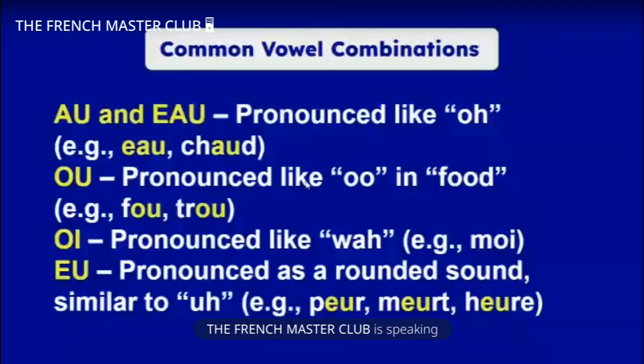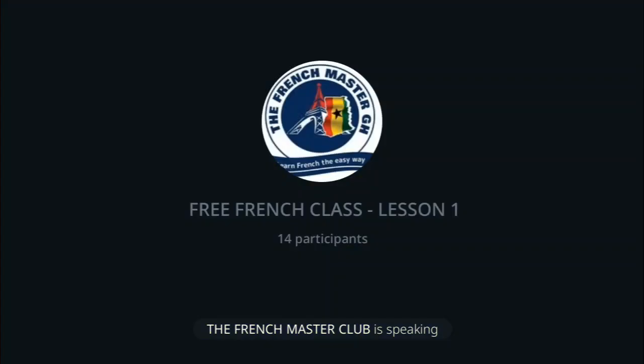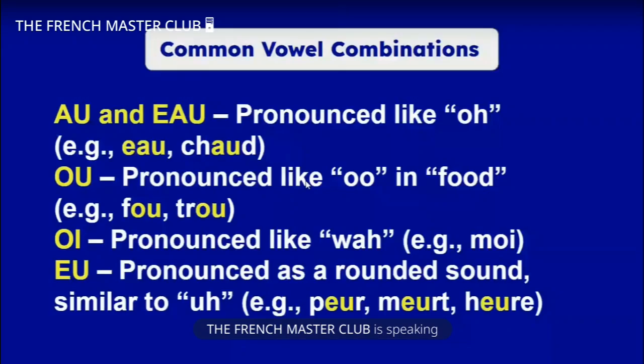Let's learn another sound, which is O-I. When we see these two vowels, O and I, it's pronounced ua. Example is moi, me. Moi means me. Whenever you see P and O-I, that will be poa.